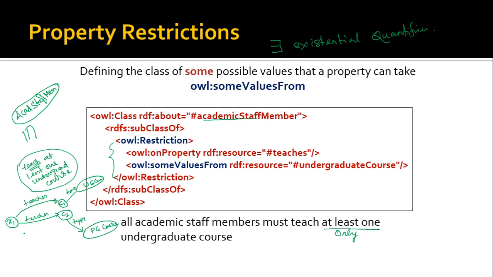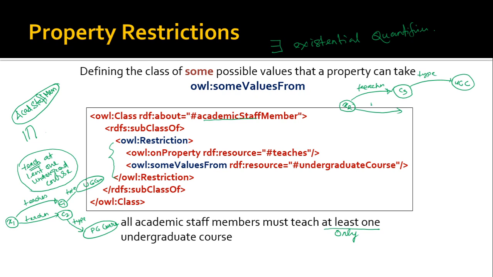Let us take another example, say x2. I'm running out of space. We have got x2, and x2 teaches say c3, and c3 is a type of UG course, UGC, right?